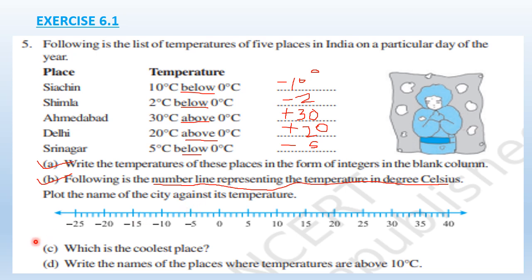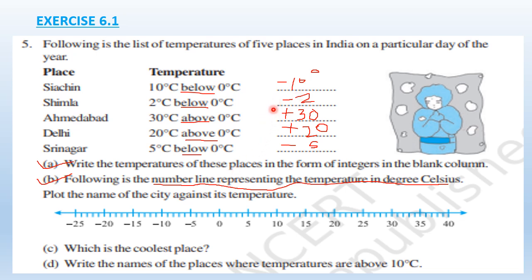Clear? Now see the question: which is the coolest place? Depending on this, tell me, what is the lowest temperature here? As we know, minus means cooler. As we get the negative sign, the place is that much cooler than the previous one.